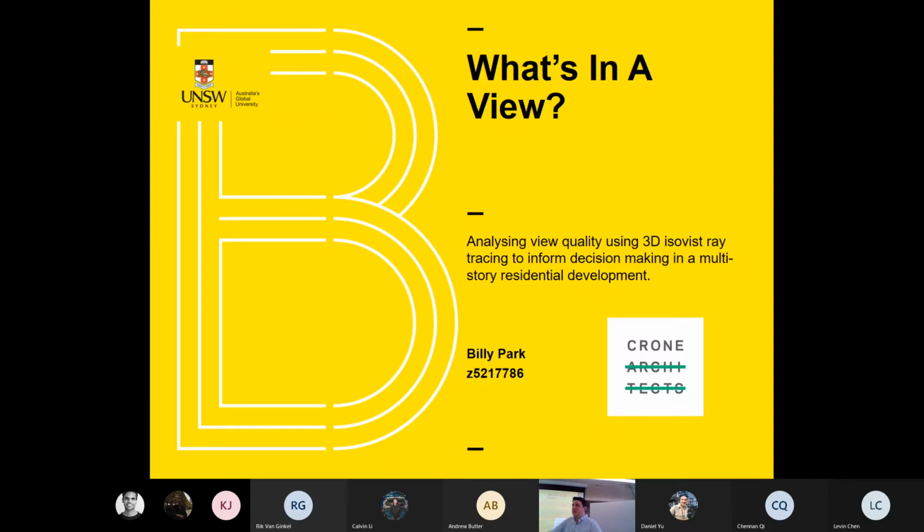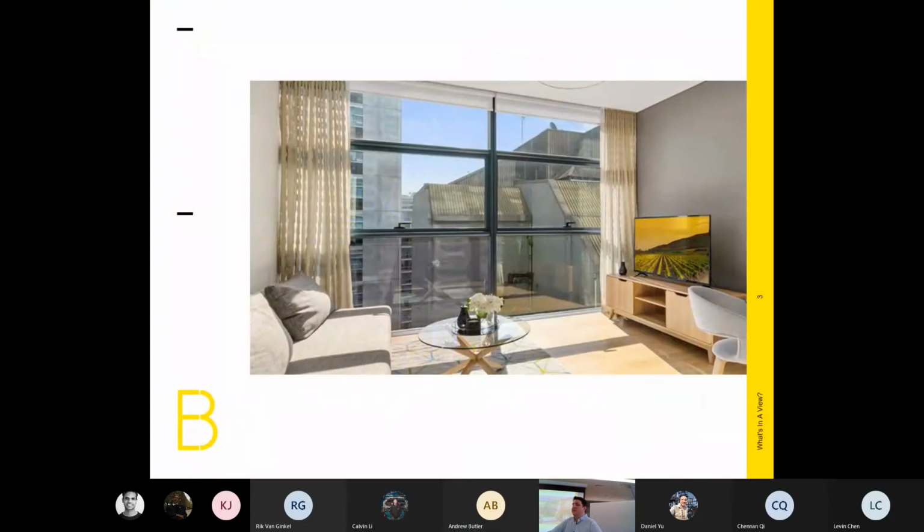Developing a project in the built environment is a difficult task in itself. When trying to quantify and metricize different aspects of the building that are subjective in terms of a user's perspective, the difficulty is then multiplied exponentially. View quality from within an apartment is significant to occupants and an apartment's market value, but is often described in subjective terms and is less easy to communicate in quantitative values.